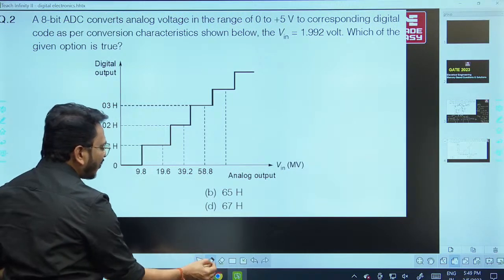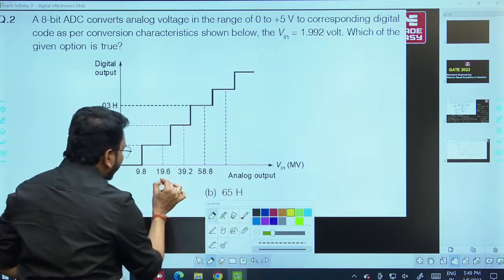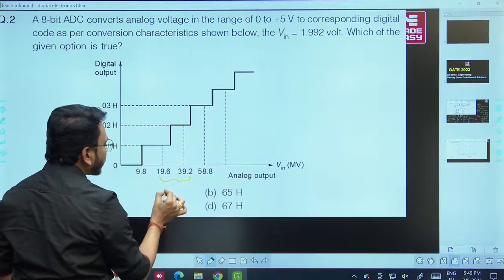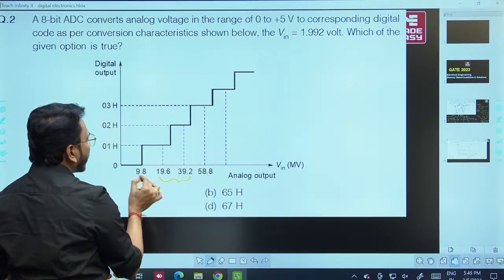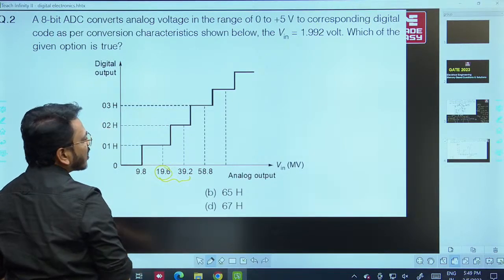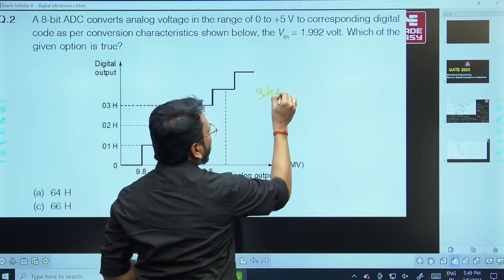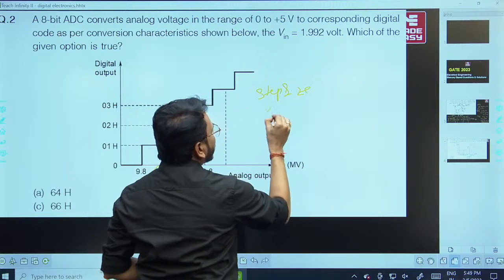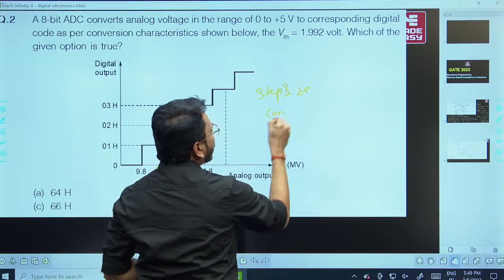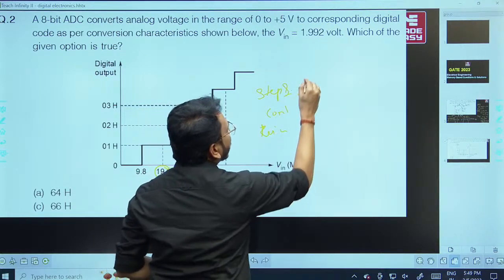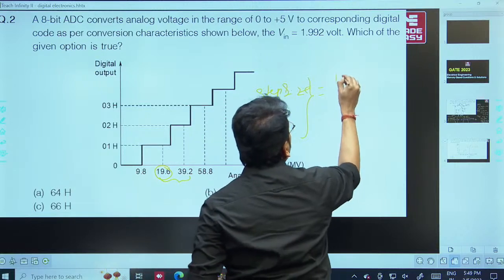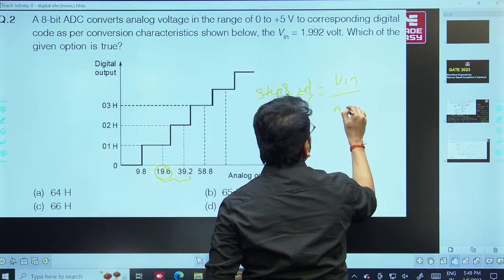Here we should identify the step size. The formula is very simple: step size, which we can also call resolution, is V in by number of steps.